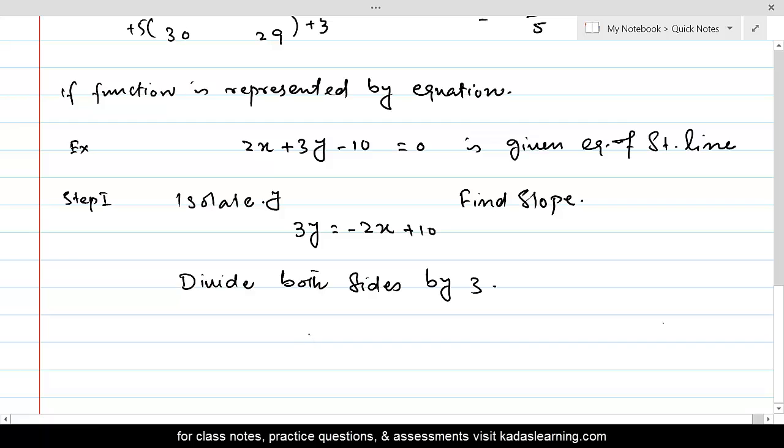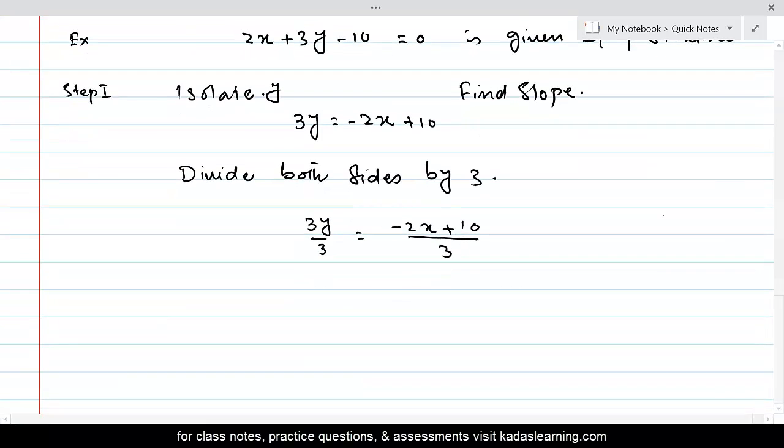So 3y divided by 3 equals minus 2x plus 10 over 3, and we have y equal to minus 2 over 3 x plus 10 over 3.